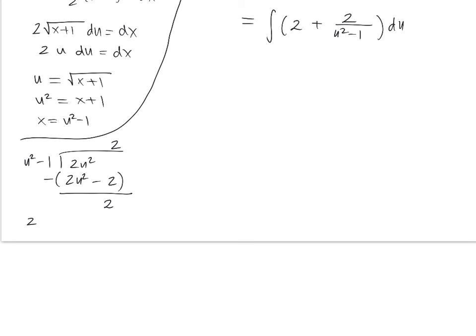Do that thingy, the thing we were just doing, right? So how does u squared minus 1 factor? u minus 1, u plus 1, or vice versa. So I'm going to do u plus 1 first. The 2 equals a times u minus 1 plus b times u plus 1.